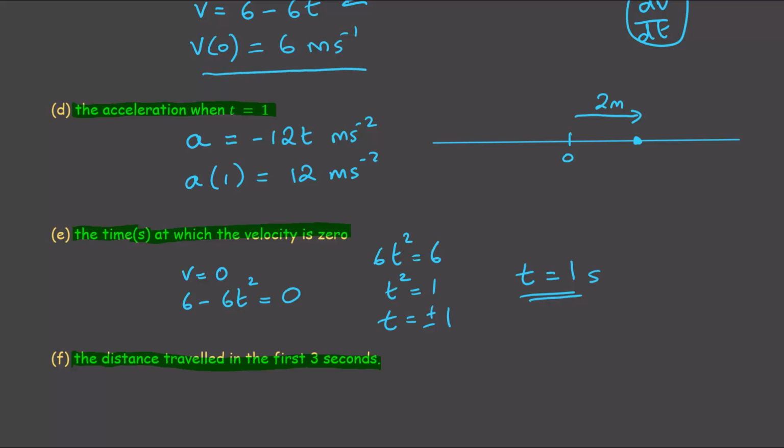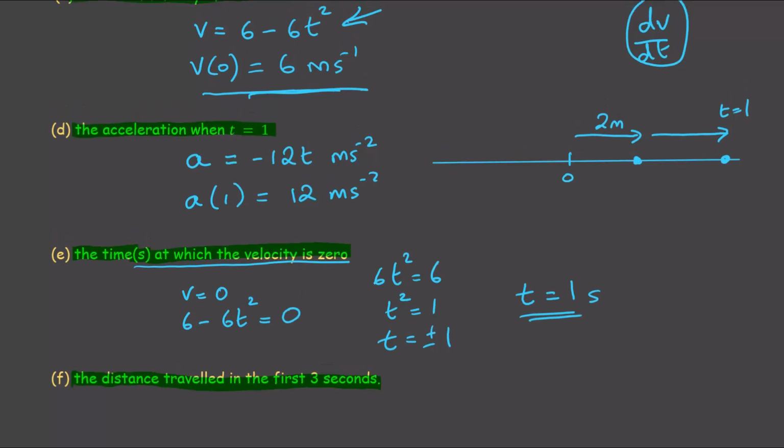We also know it's travelling in this direction, and it will continue to travel in this direction until t is equal to 1, which we've just worked out is when the velocity is 0. Now, what happens after that?